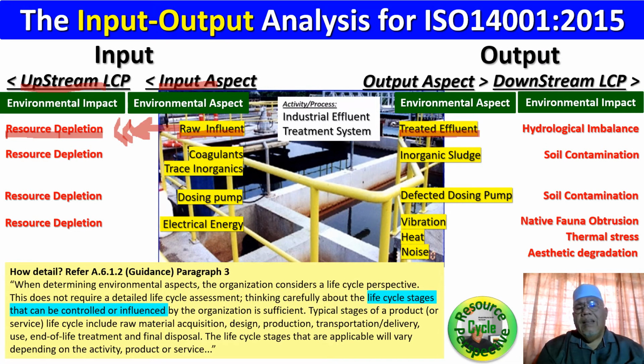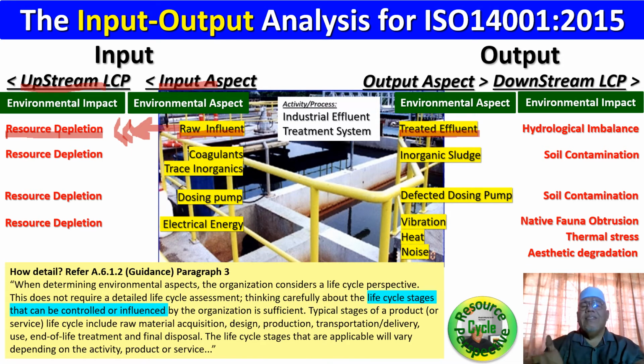Or a higher level of BOD, biochemical oxygen demand, suspended solids, trace inorganics, probably salts, and the trace inorganics could be mercury, arsenic, chromium, copper, nickel, tin, zinc, depending on the type of industry that we are dealing with. So these are all environmental aspects, but outputs.